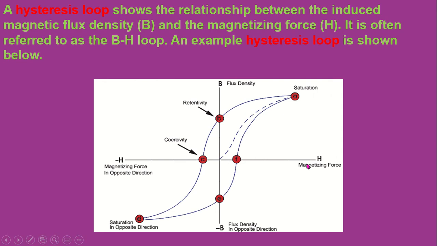Here B is the magnetic field intensity inside a ferromagnetic substance, and H is the magnetizing force.